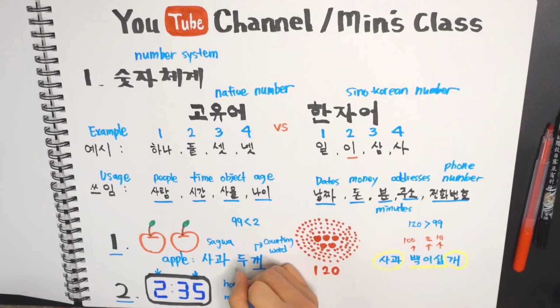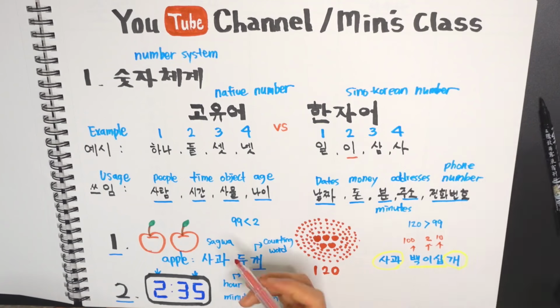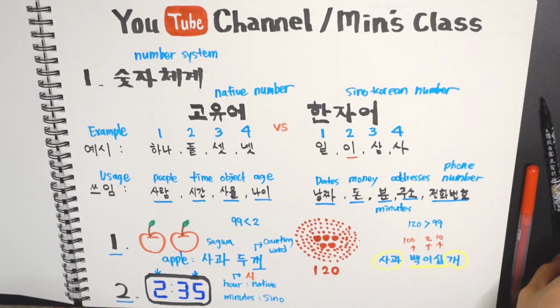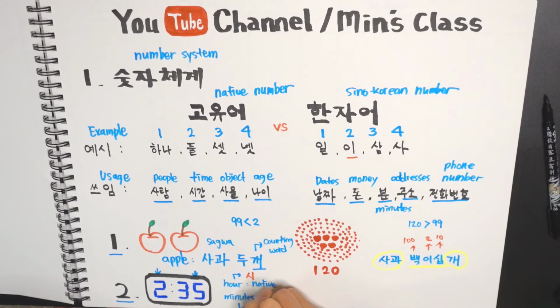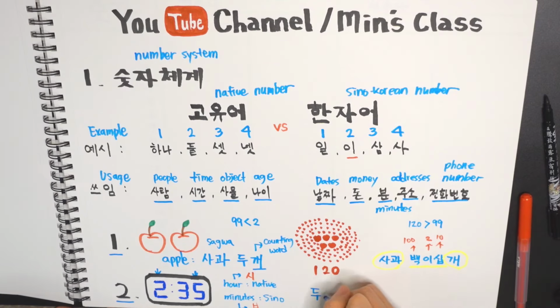So the Korean word for hour is 시. And the Korean word for minute is 분. Okay? So we write 2시 35분.